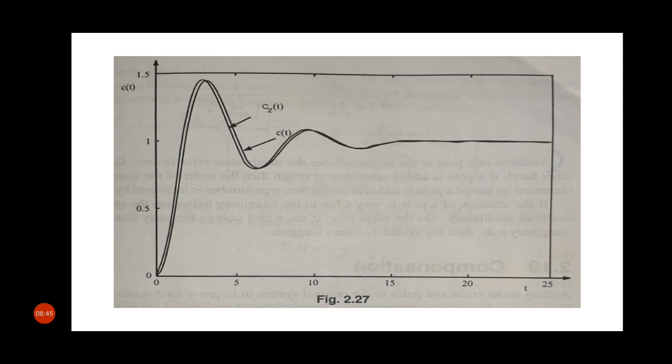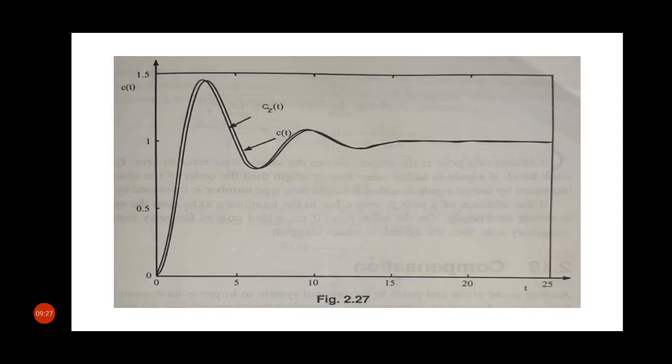Here see the response Czt and Ct. In this case we add 0 away from the origin, so it produces negligible effect on transient response. But in this case we add 0 close to the origin, that's why it produces large overshoot.